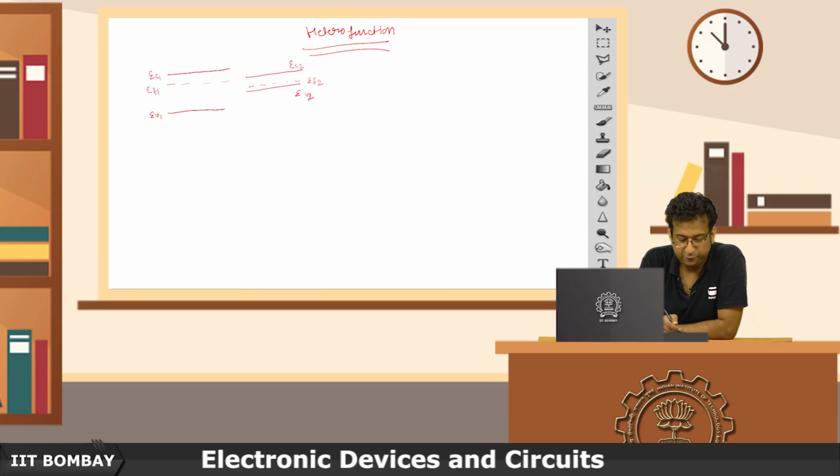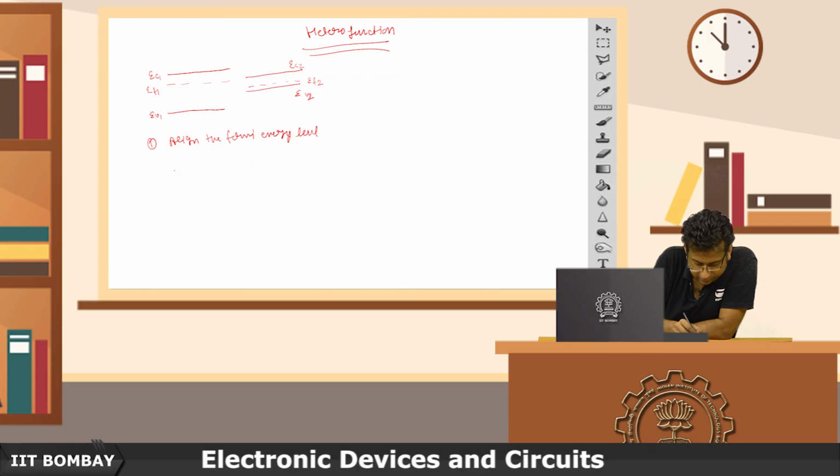Like, let's say this is before the fusion together. So how to draw these band diagrams in thermal equilibrium? So step one is like align the Fermi energy levels, right? And before even doing the Fermi energy levels, you can calculate the delta EC, the difference between the conduction bands, right?